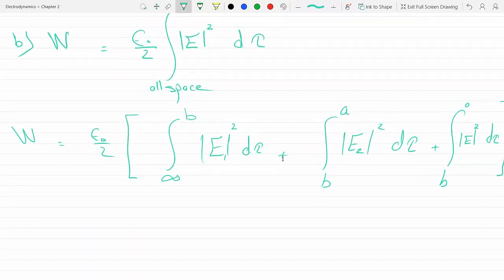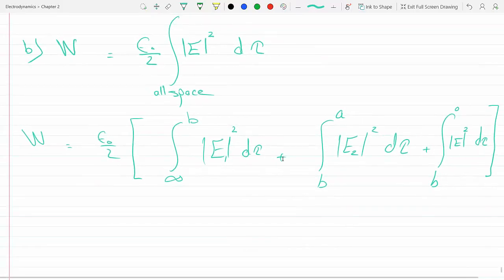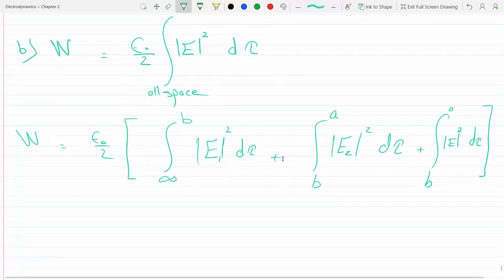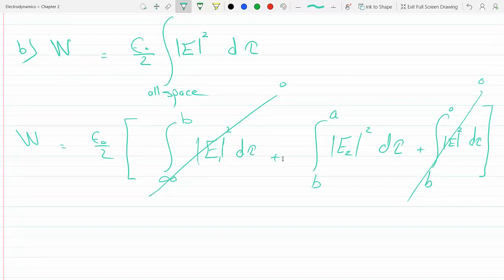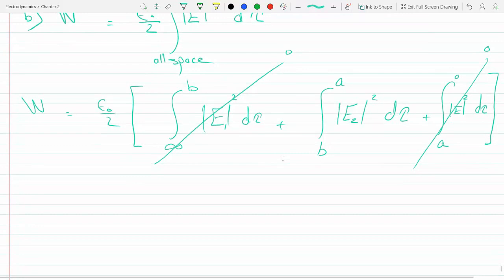There's no electric field here, so this guy is 0, and this guy is 0. Sorry, this is supposed to be a, not b. Inside the inner surface, because the charge is all on the surface. And so that's the only electric field we have.